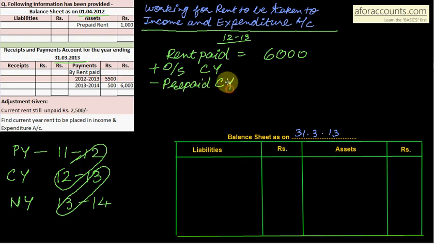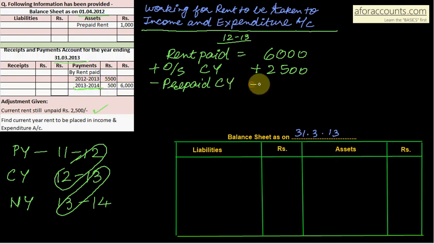Add outstanding less prepaid of the current year. So the outstanding rent of the current year, current rent still unpaid, is 2500. So add 2500 as it is outstanding of the current year. Now prepaid of the current year: look here, the year is 12/13 and for 13/14 they have paid 500, that is paid in advance.